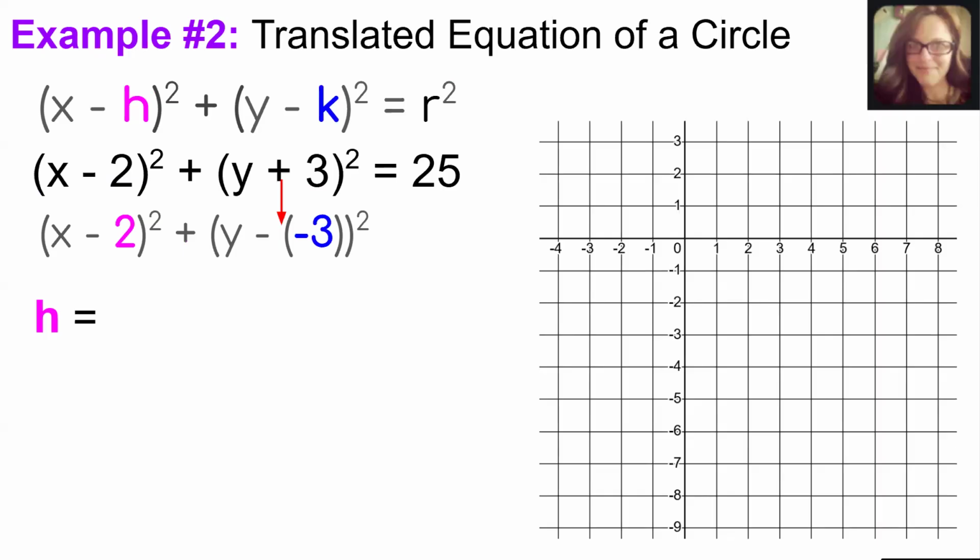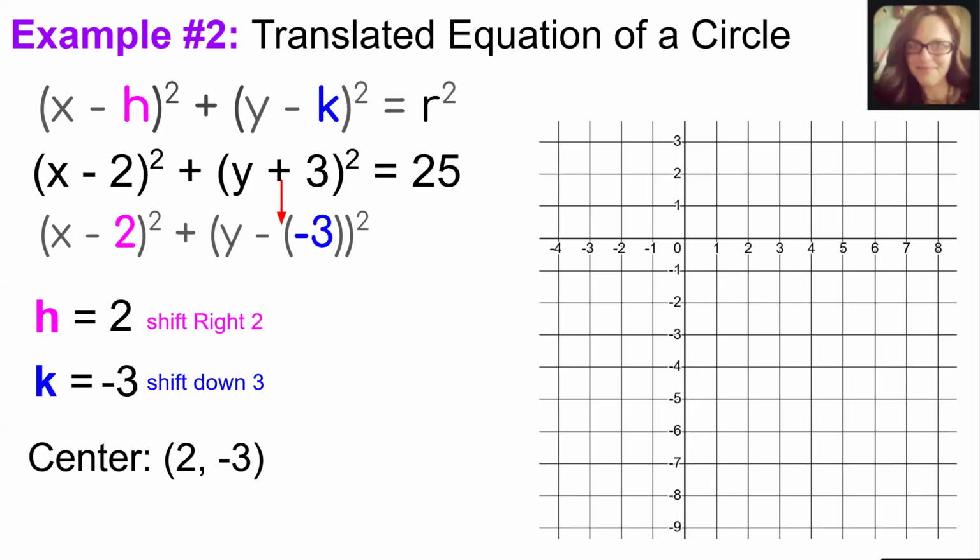Now we have h is 2. We have shifted the circle 2 to the right. H is the horizontal shift, and k is the vertical shift, negative 3, so we shifted down 3. So the center of our circle is (2, negative 3). There's our center, (2, negative 3), on the graph.